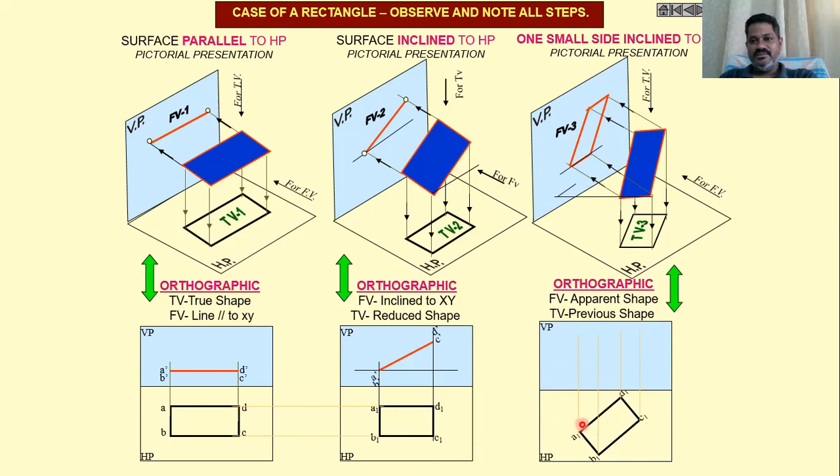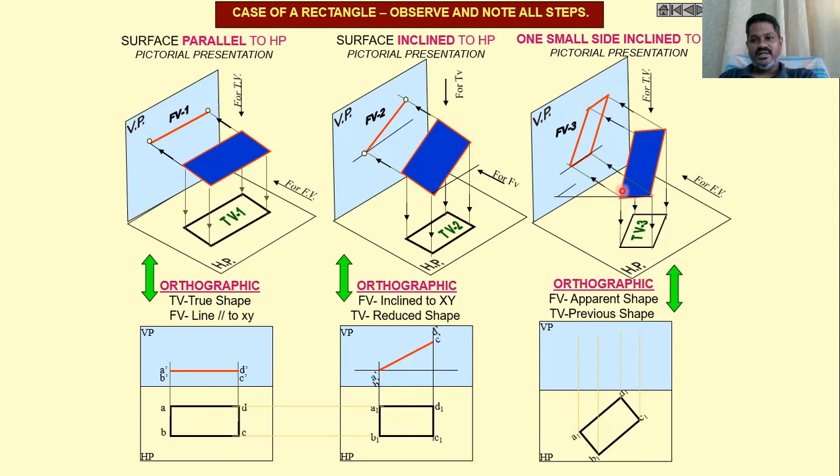The dimensions are similar in the second and the third cases, but in this case the surface is making some angle with the horizontal, as well as the small edge of this surface is making some angle with the vertical.